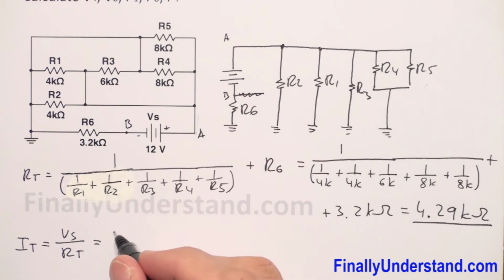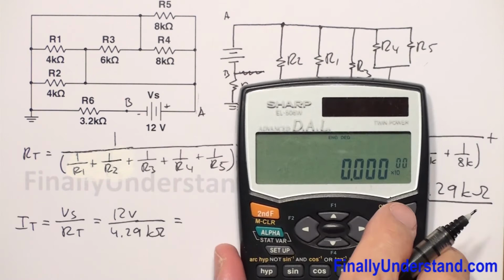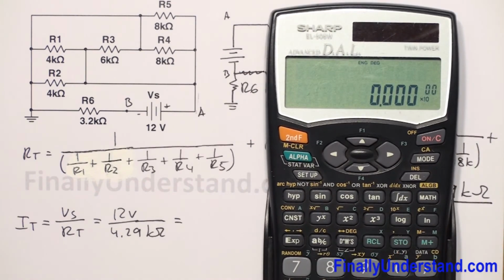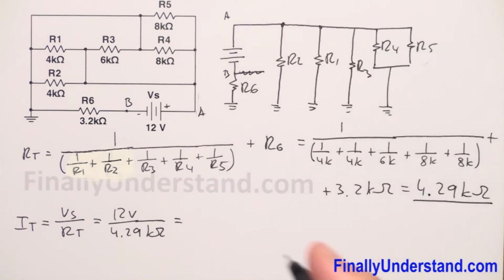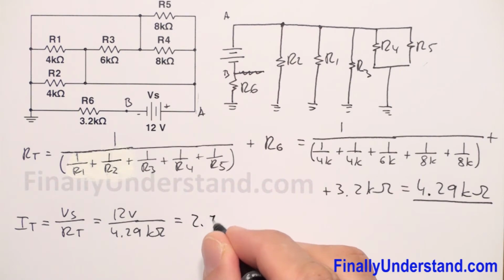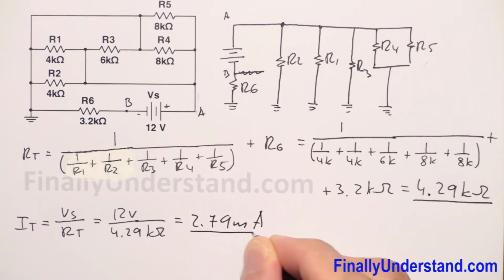The voltage source is 12 volts over R total, which is 4.29 kilo ohms. 12 divided by 4.29 times 10 to the 3 equals 2.79 milliamps. This is my total current.